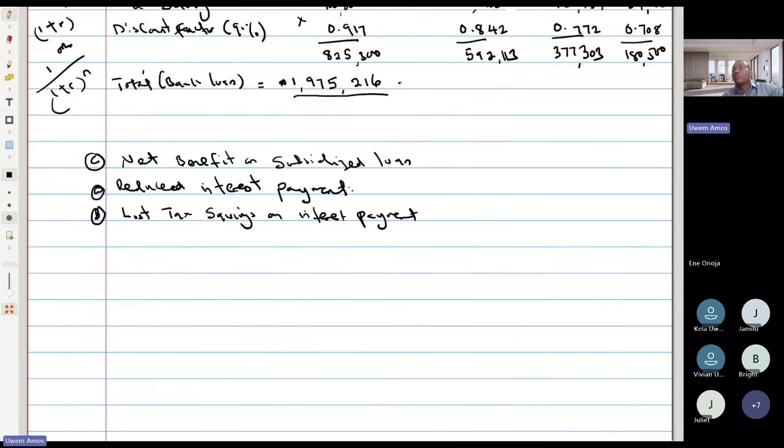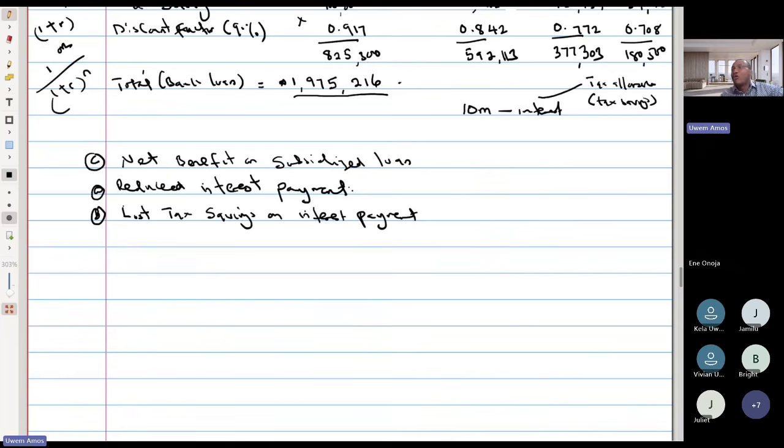Assuming the company had gone for the bank loan, the total interest the company would pay would be 10 million. Now this 10 million interest will be tax allowable, so the company will enjoy tax savings.